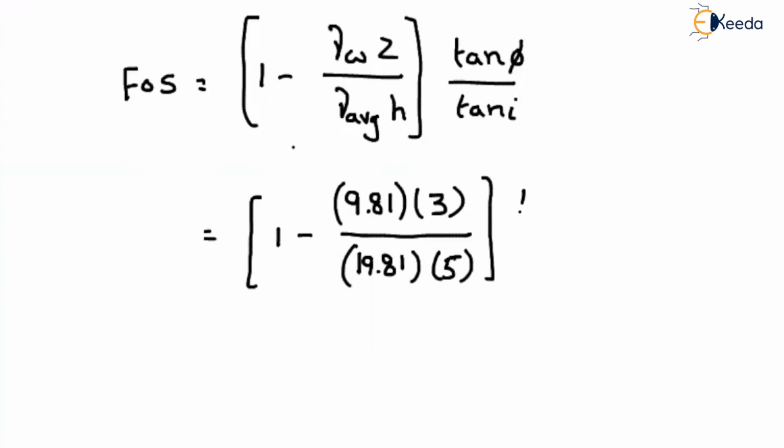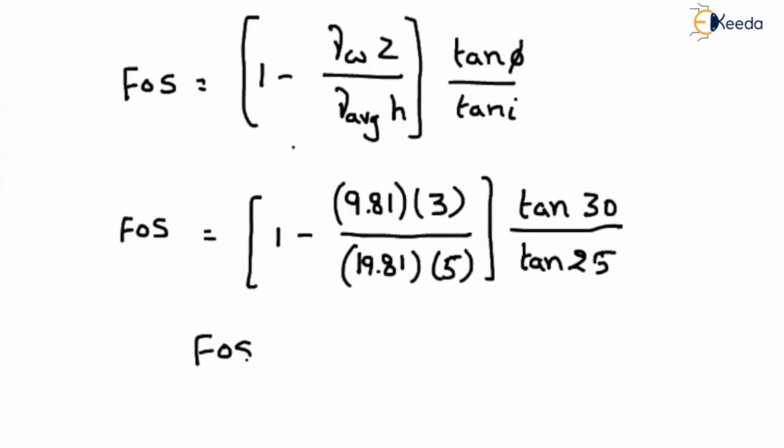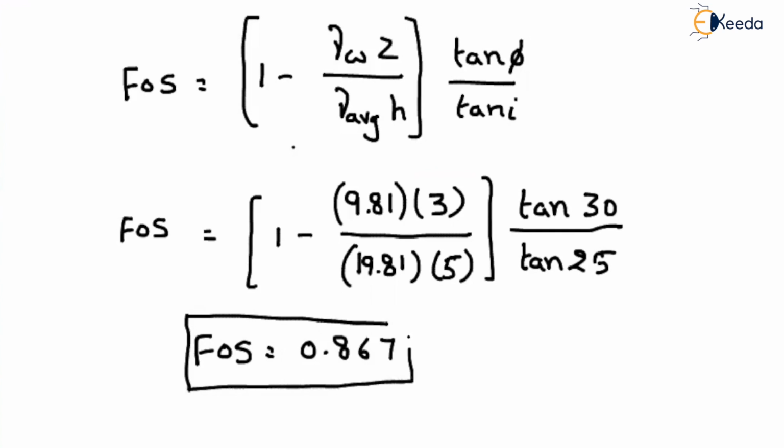Into, what is the angle of friction given? 30 degrees, tan 30. What is the slope of the surface? That will be tan 25. So if you substitute these values, you will get the factor of safety as 0.867.